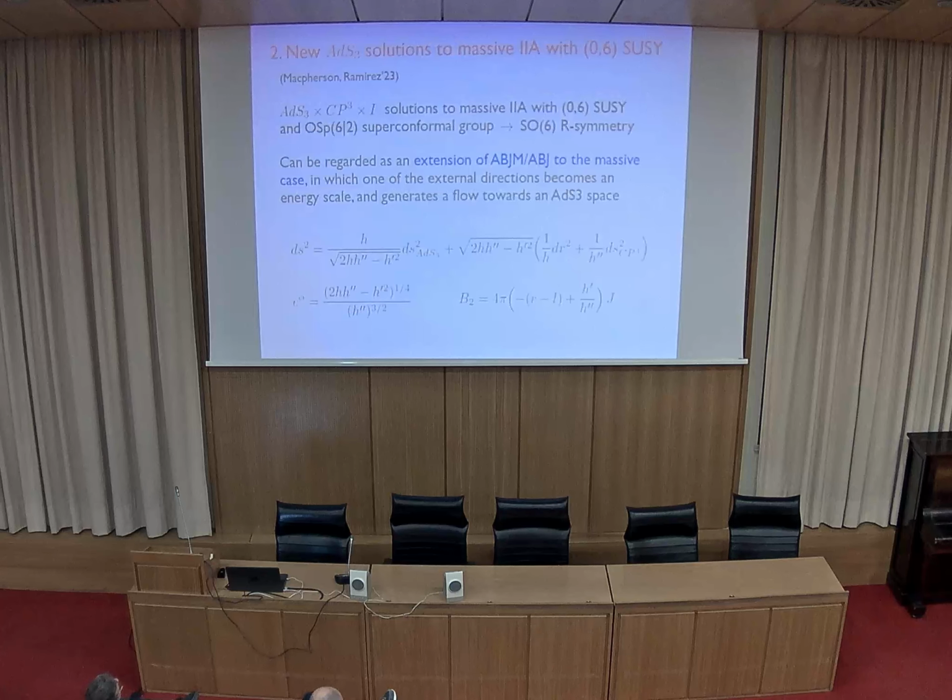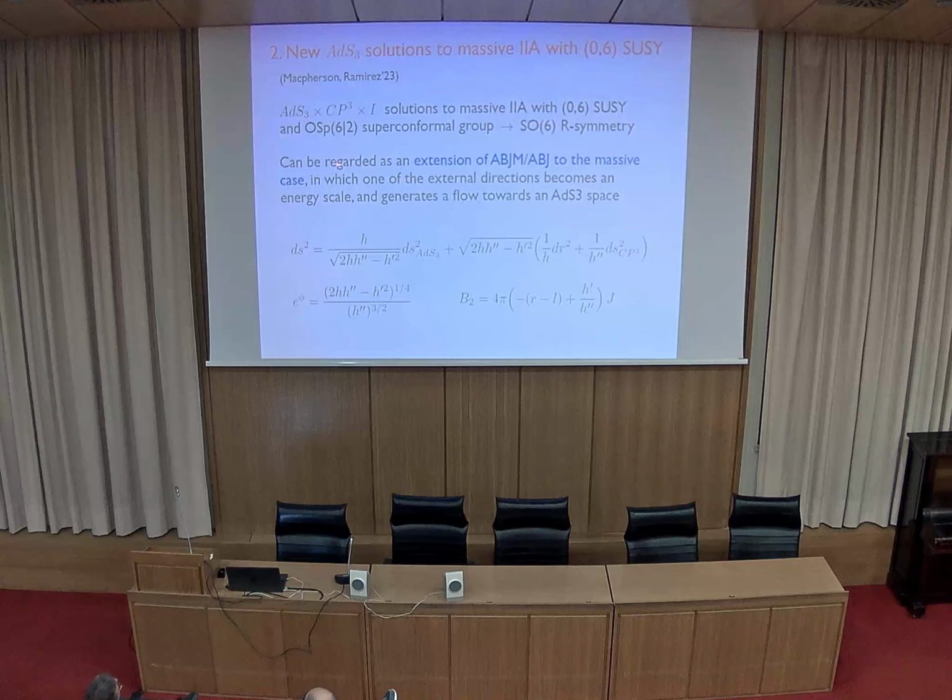So let me start by discussing the AdS3 solutions to massive IIA with 0,6 supersymmetries. These are solutions that are foliations of AdS3 and the complex projective space CP3 over an interval, which preserve 0,6 supersymmetry with this superconformal group, with SO(6) R-symmetry that is realized geometrically on the CP3.